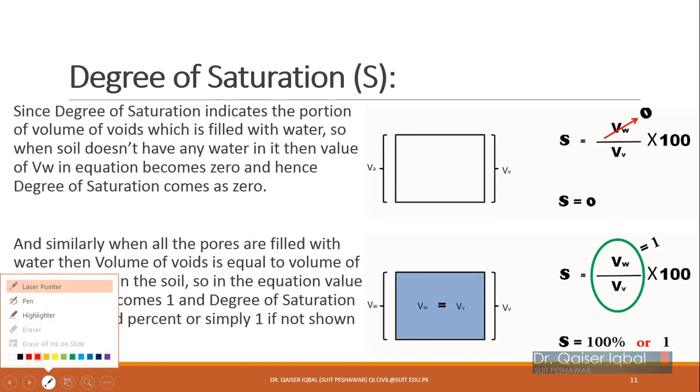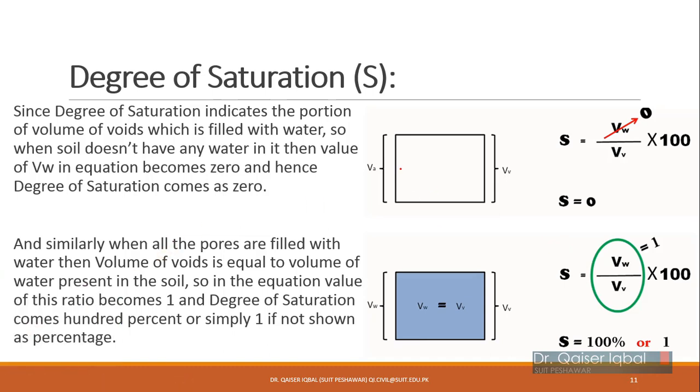So it will be like this kind of situation, that if the degree of saturation is 50%, then it means that these are all filled with water. Okay, so this is basically water and this is basically air. So in this case 50% of the voids are filled with water, 50% with the air.